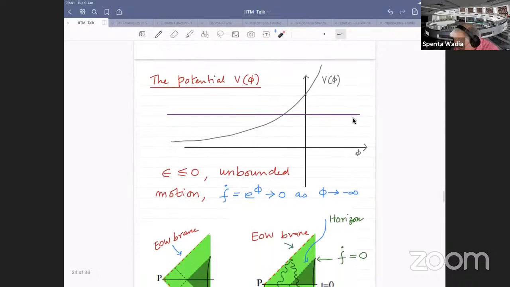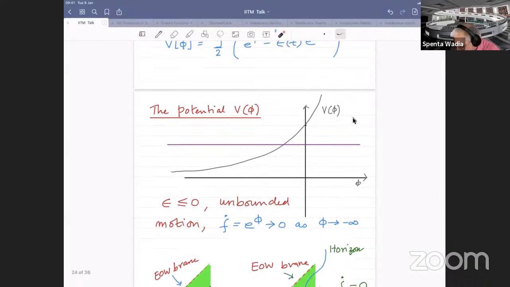And the motion, if you have some energy over here, then the particle simply goes back to minus infinity in phi, and the exponential of phi just goes to 0. And this means basically that f dot hits a 0. So all trajectories like this, as per our previous discussion, describe black holes because they describe horizons.